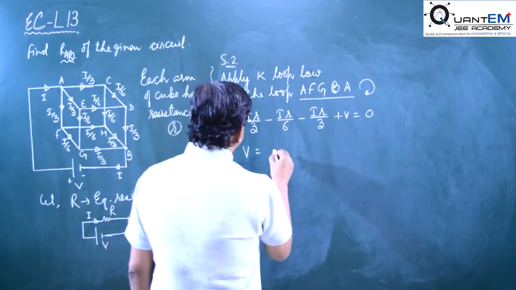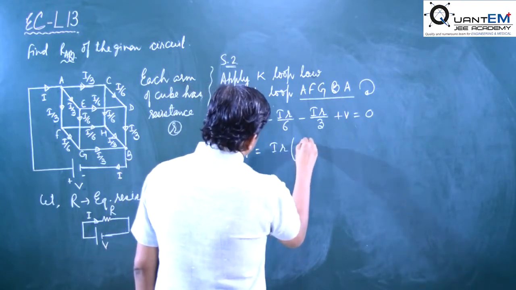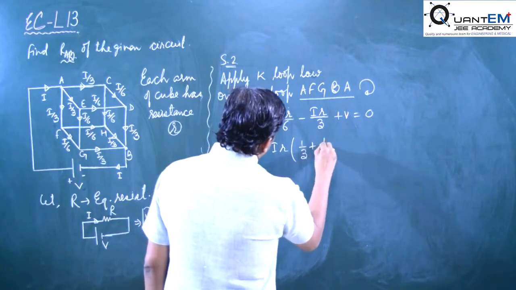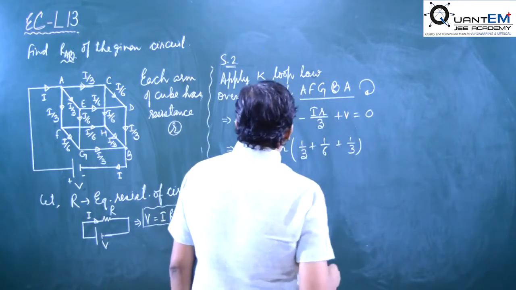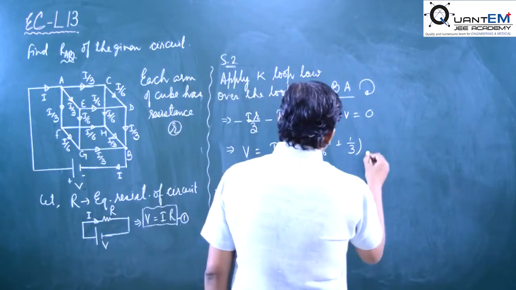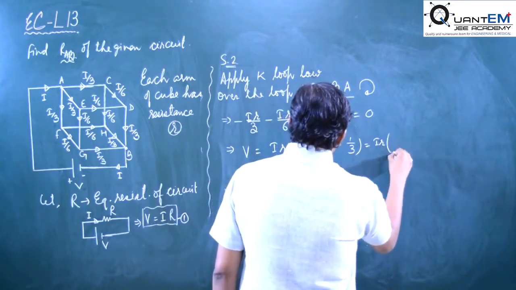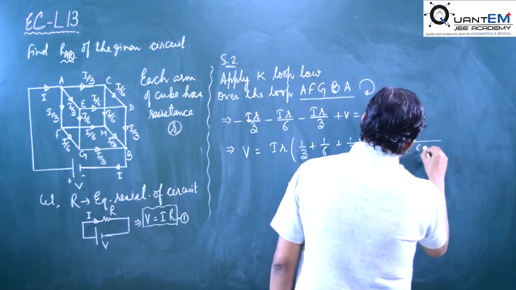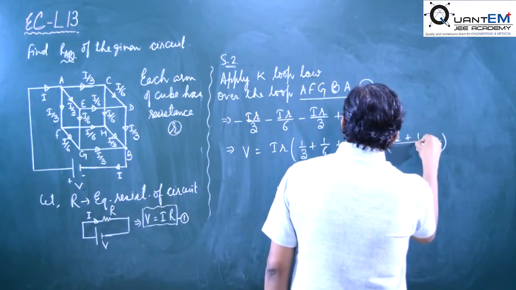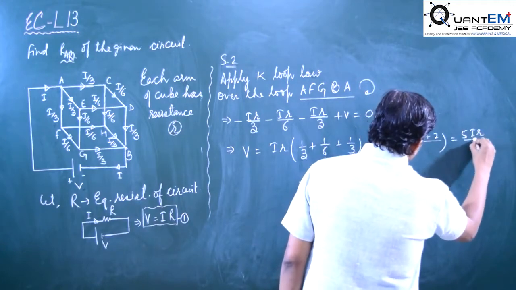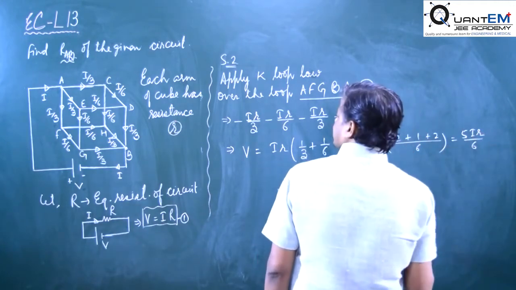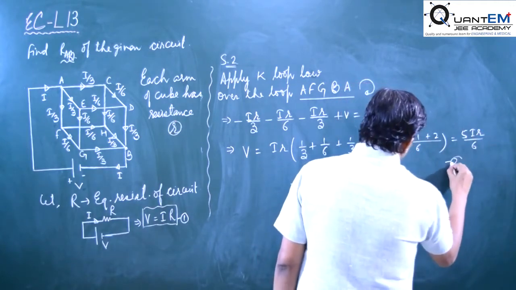We have IR taken out, 1 by 3, 1 by 3. So what we get? Two plus 1 plus 2, that is 5 by 6, IR, it is equation 2.